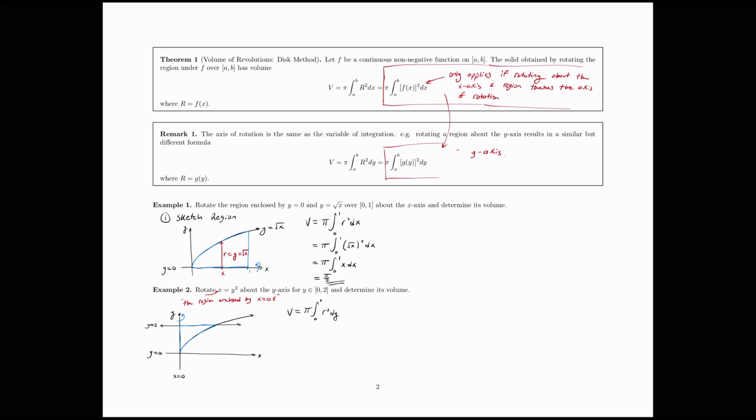And now we have to determine the radius. In any volume of revolution problem, the radius is always measured from the axis of rotation. So that's really important. Let's write that down. So radius is always measured from the axis of rotation.